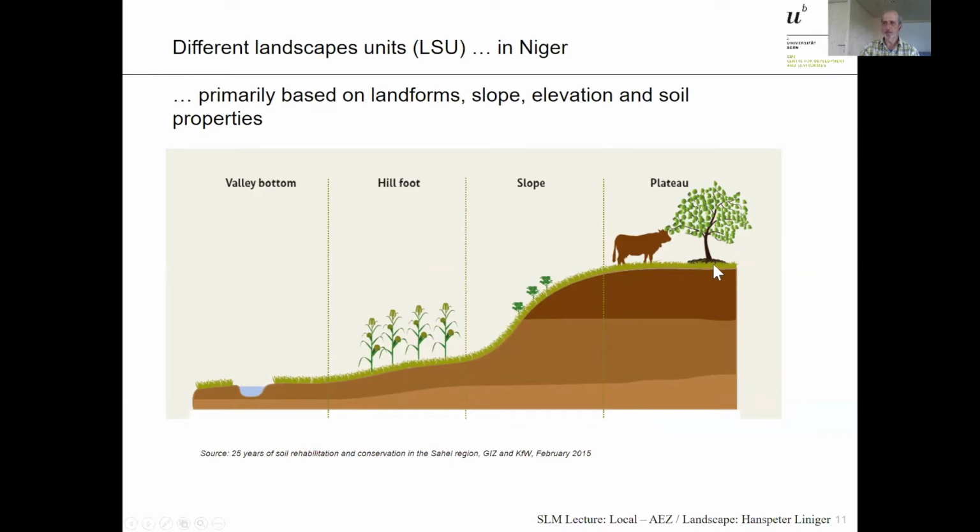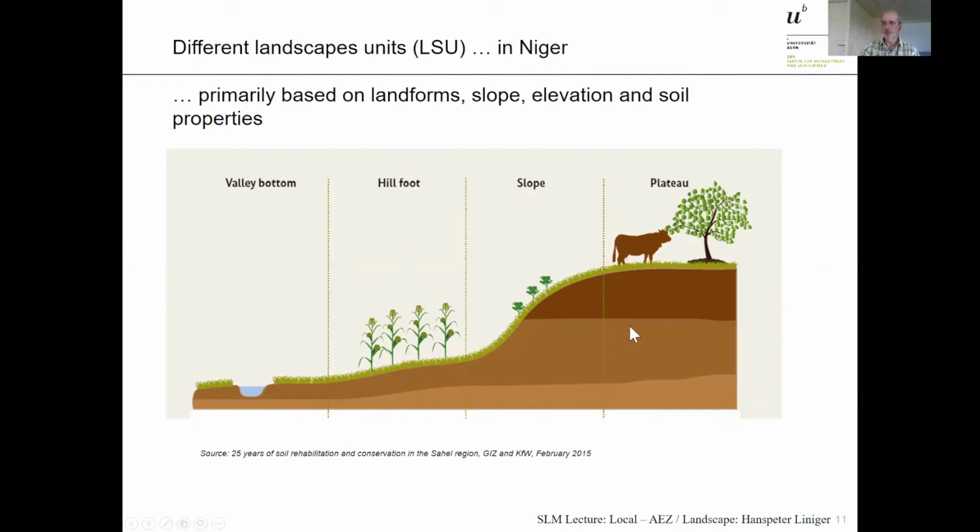Okay, another example. This looks exaggerated in the height. In Niger, these are not very high differences between a river flow here and what is called a plateau. That might be just several meters altitude difference, but it has different landscapes. The plateau, the valley bottom is very, very different than these areas here, what is called the hill foot and the slopes.